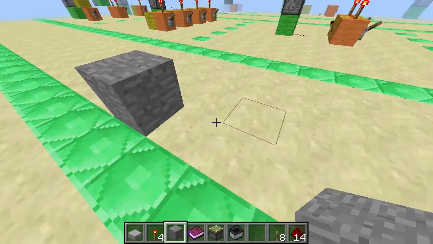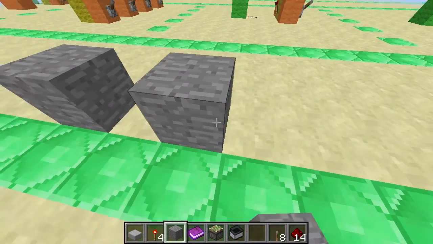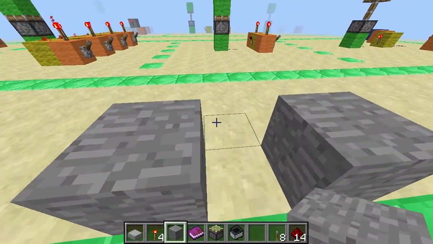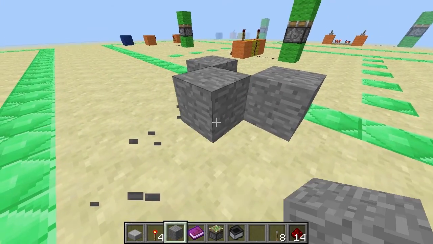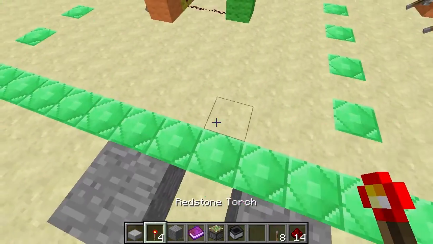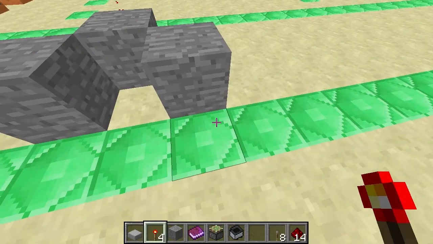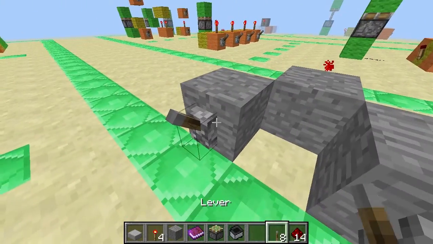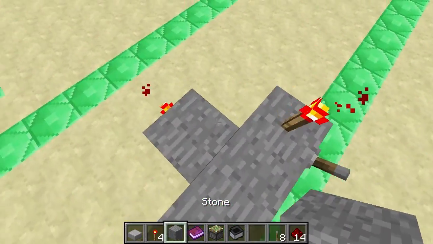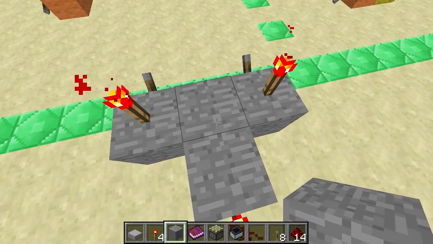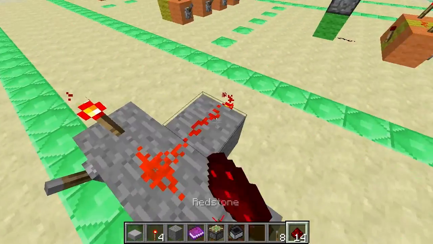Let's see if I can build an AND gate without looking at it. I just looked. It's kind of obvious though, I think. Yeah, pretty obvious.